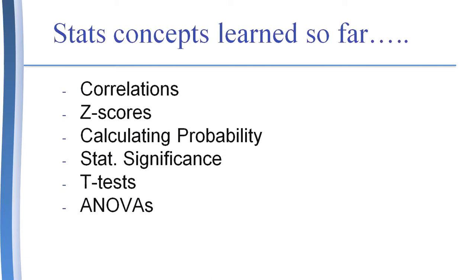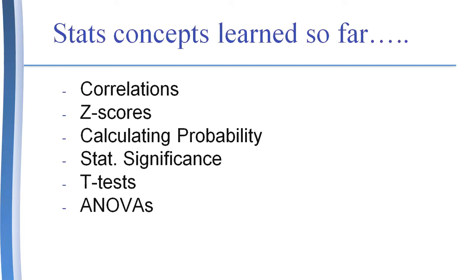Those are those questions that I gave you about how likely is it that somebody could have an IQ score above or below a certain number, in that assignment on calculating height and weight for kindergartners. We've learned about what statistical significance is and what degree of error and confidence is. And then the two statistical tests that we've really learned how to accomplish are both t-tests and ANOVA.